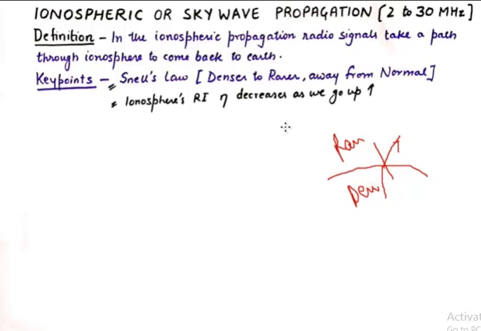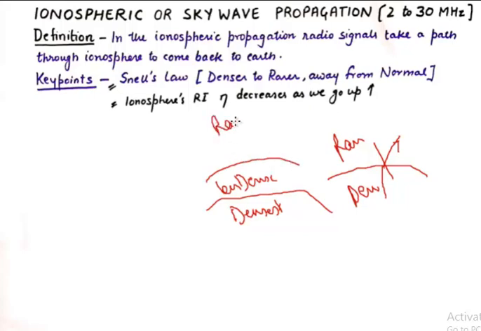And the second key point is that the ionosphere's refractive index eta decreases as we go up. So the lowermost layer has the highest eta. It is the densest. Then we have less dense, and then even less dense, and then finally we have the rarest at the top.